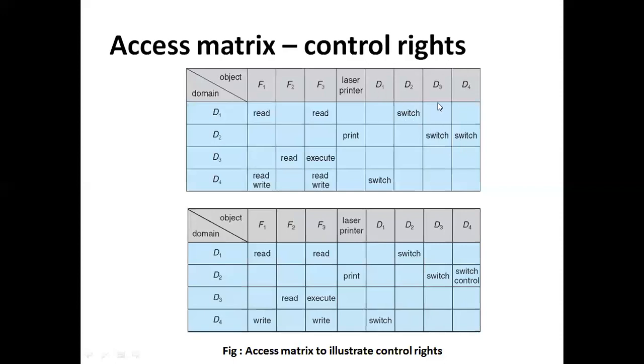The control right is applicable only to these domain objects. Here you can see in the second figure that D2 has a control right entry for domain D4. That means D2 can control D4.